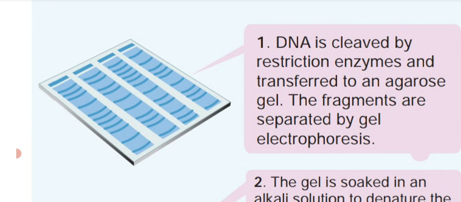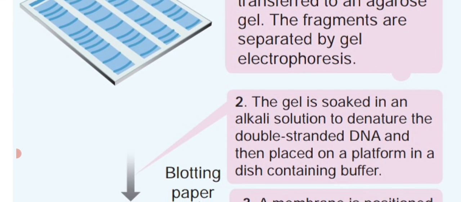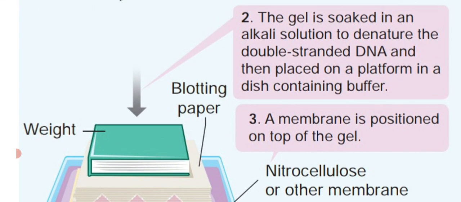This is the first step. What is the first step? DNA is cut into a number of fragments by using restriction endonucleases, and these fragments are transferred to the agarose gel, where they are separated by the electrophoresis method. Second, the agarose gel is soaked or dipped into an alkali solution to denature.